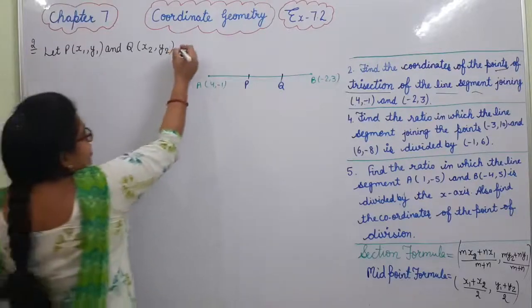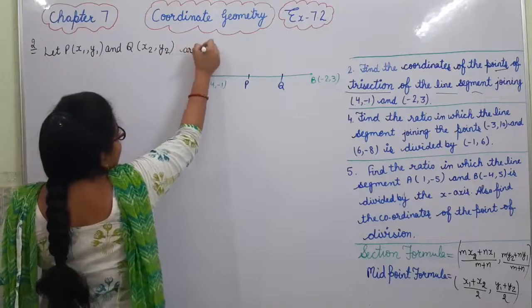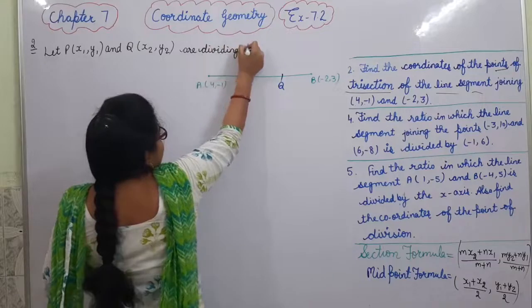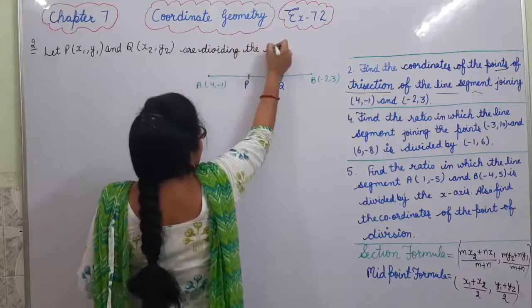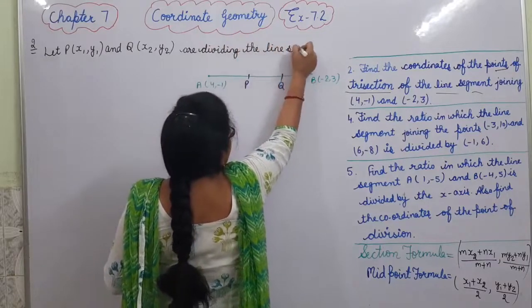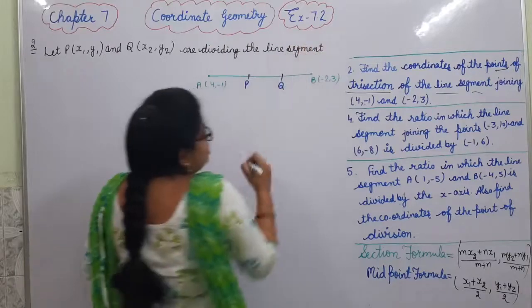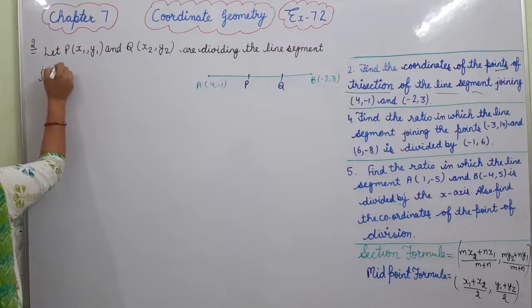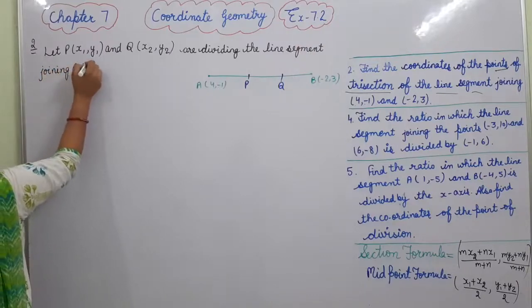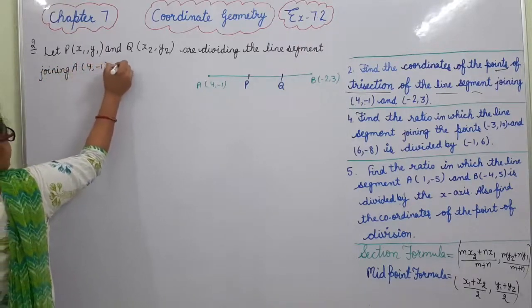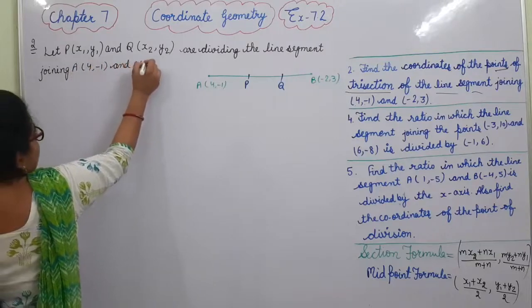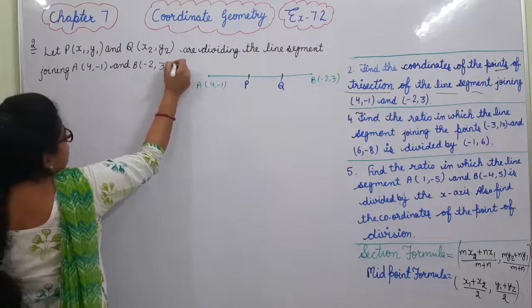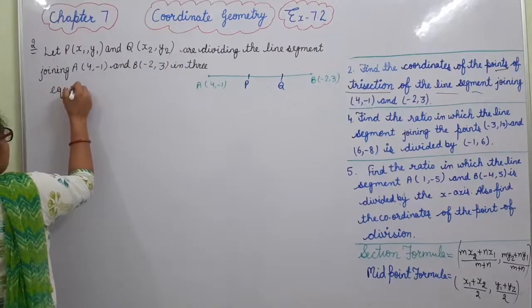Let P and Q be dividing the line segment joining A (4, -1) and B (-2, 3) in three equal parts.